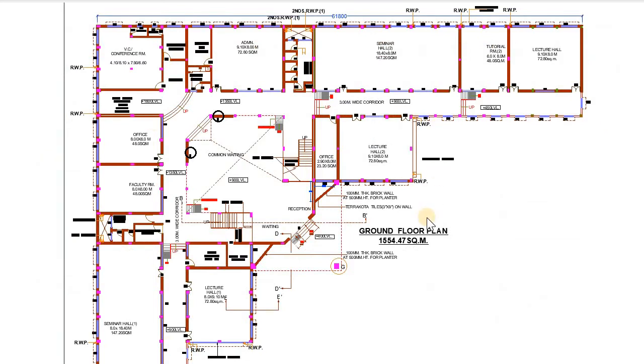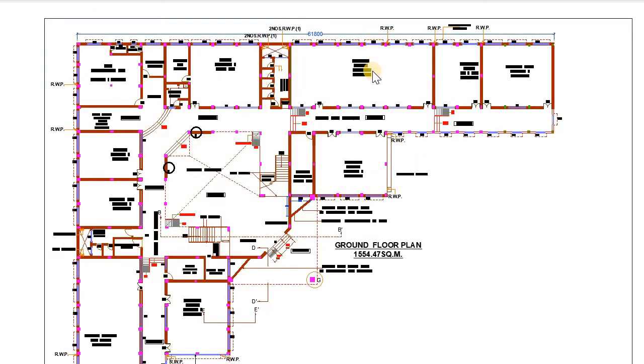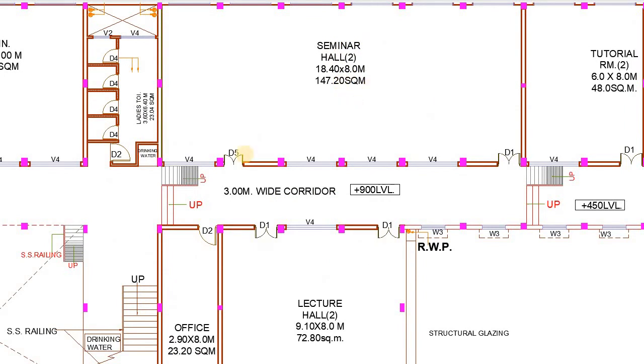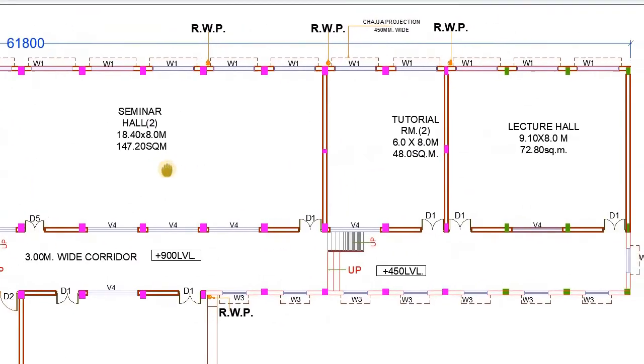So the other spaces that we consider while designing any academic block are the seminar halls, tutorials and the lecture halls. So in this design, the ground floor has been designed with the 2 seminar halls, tutorial rooms and also the lecture halls.